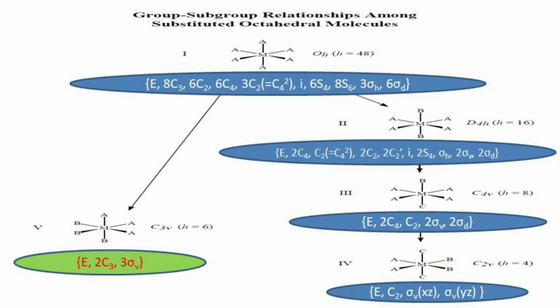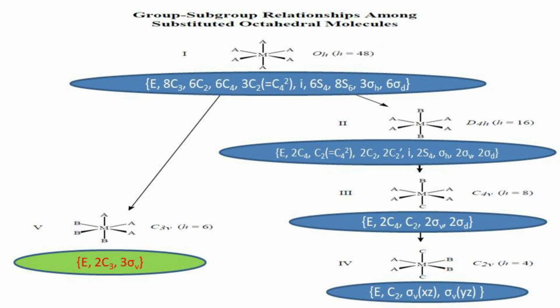So though the C3v point group is of higher order, it cannot be ascending in symmetry to C2v, or C2v cannot be descending to C3v, or C2v cannot be a subgroup of C3v. That's the relationship between group and subgroup.